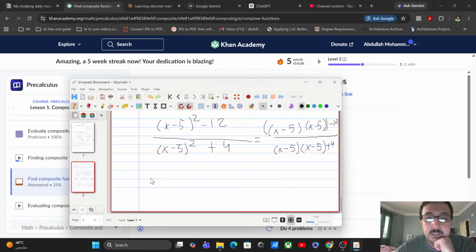So it's x squared minus 2x multiplied by minus 5, which is plus 5x, and minus 5 and minus 5 is a plus 25. Okay?